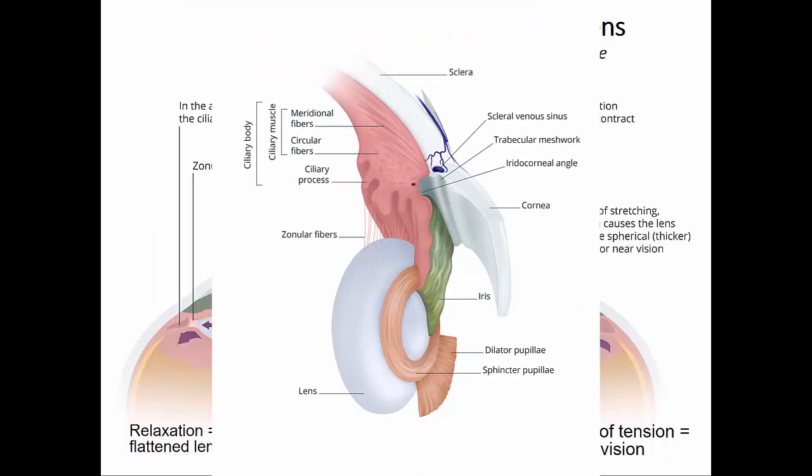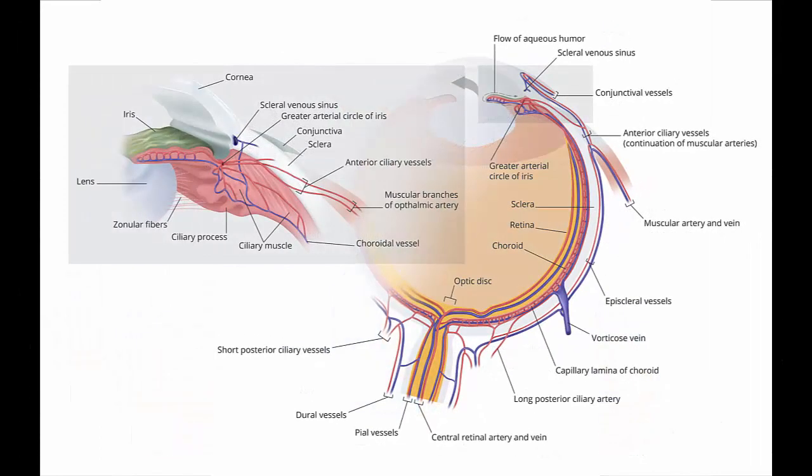If you said the iridocorneal angle, or the canal of Schlemm, the scleral venous sinus, then you are right. The humor is actually removed by something called the limbal plexus, which is just a network of scleral veins close to the limbus, and they drain in turn into tributaries of vorticose and anterior ciliary veins.